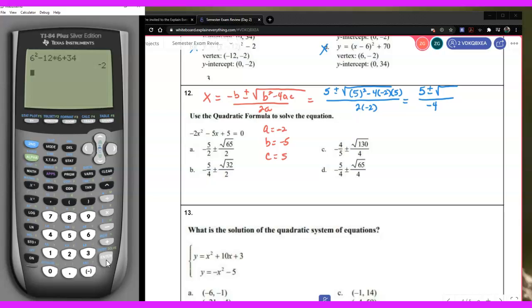So go ahead and evaluate the discriminant. So you have 5 squared minus 4 times negative 2 times 5. In this case, you get 65. So your answer will be D.